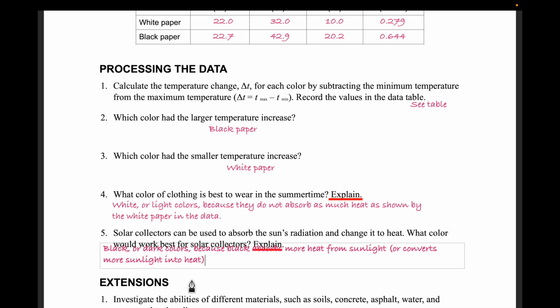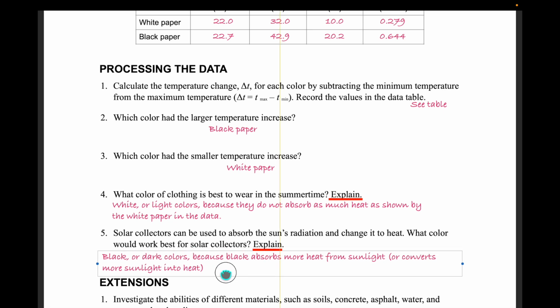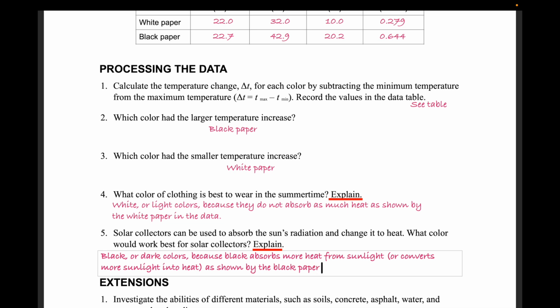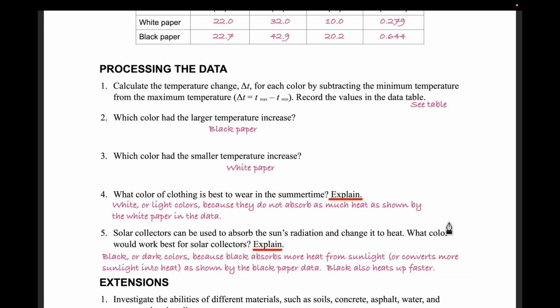So anyway, black or dark colors because black absorbs more heat from sunlight or converts more sunlight into heat, as shown by the black paper data. Black also heats up faster. Throw that in there too. Okay. And that's pretty well it.